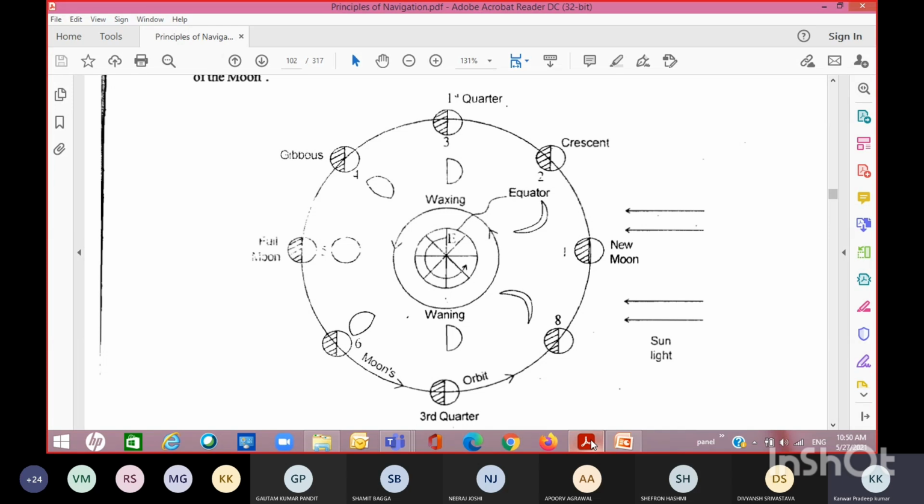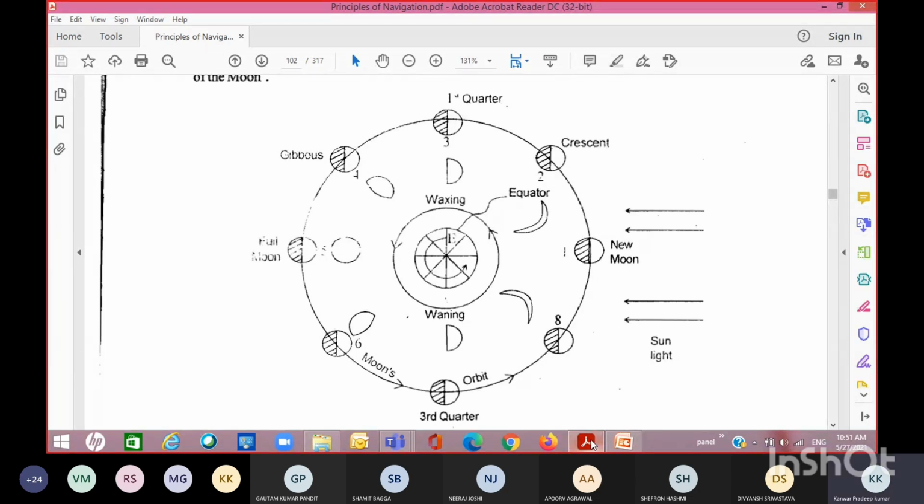Now in between the new moon and the full moon, you can see on top of the picture, the size will increase, which is called waxing. We discussed three situations: crescent, first quarter, gibbous. Between the two circles, you can see the shape how it will look.